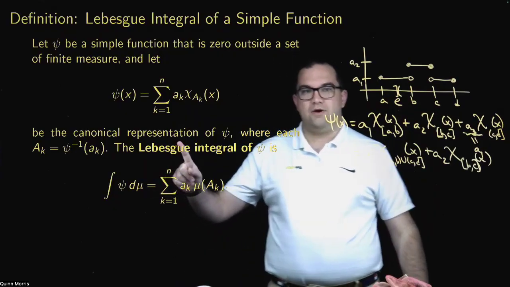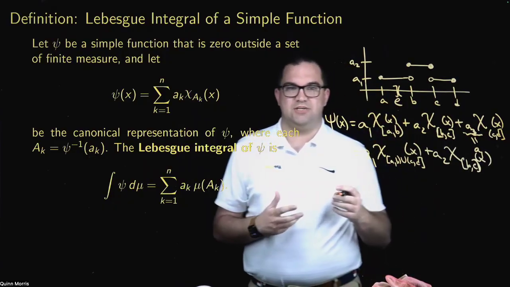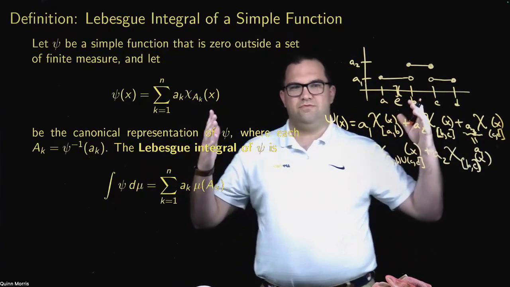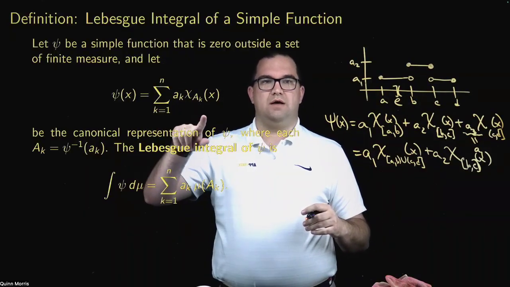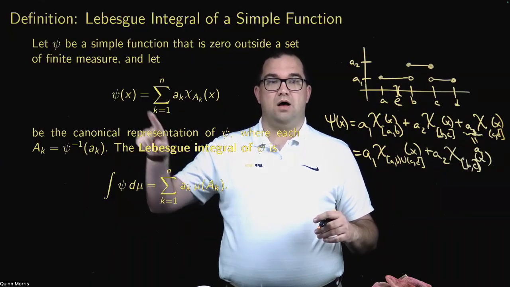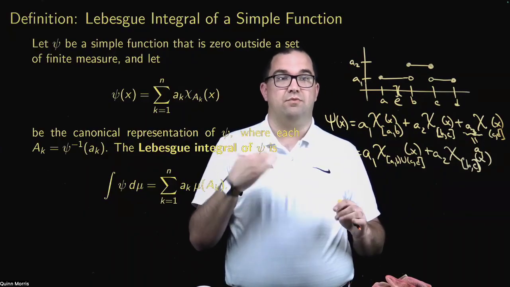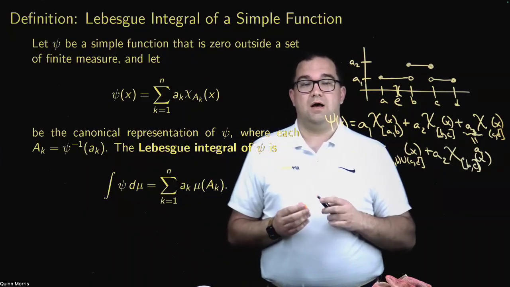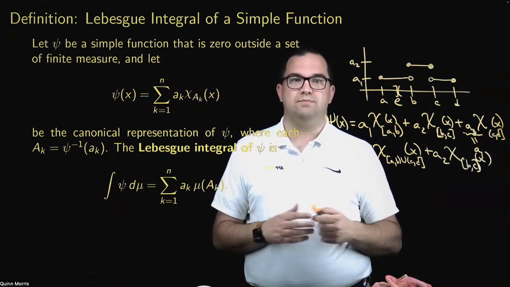There are infinitely many ways I could express this, right? But if I require this canonical representation, this gives me uniqueness of the representation. It also gives me the most compact way. It guarantees that the number of terms in this sum will be precisely equal to the number of values in the range. And remember, one of the requirements to be a simple function is that you have a finite range.